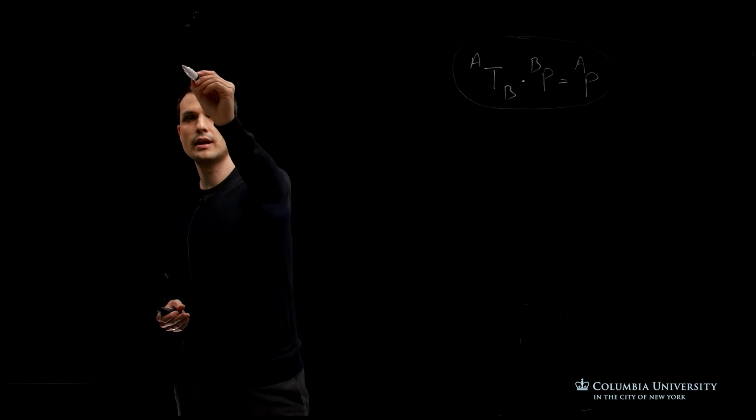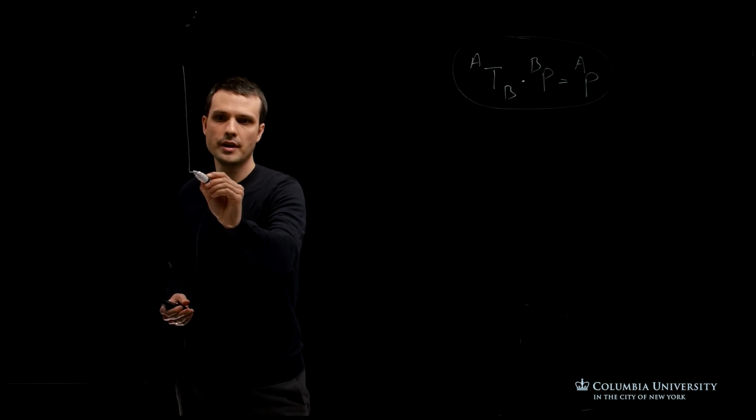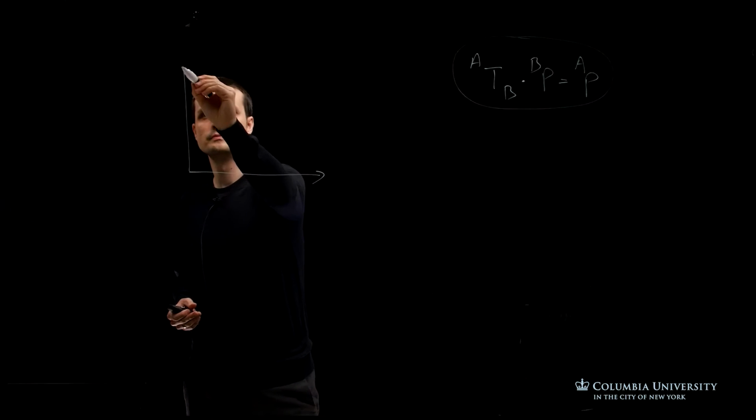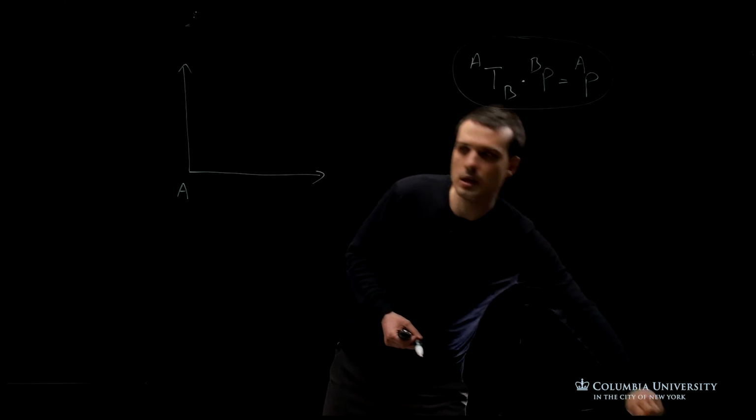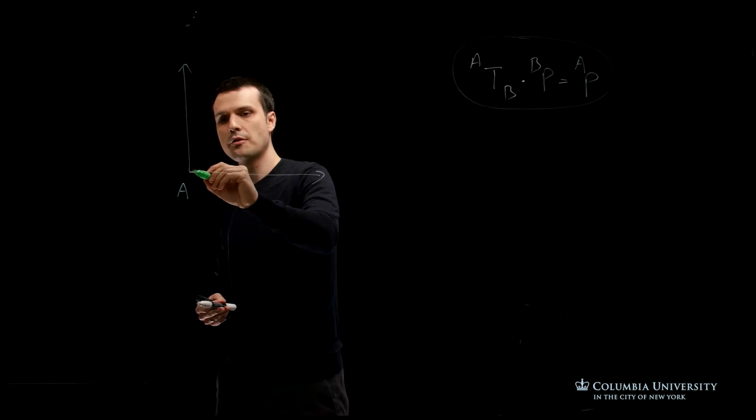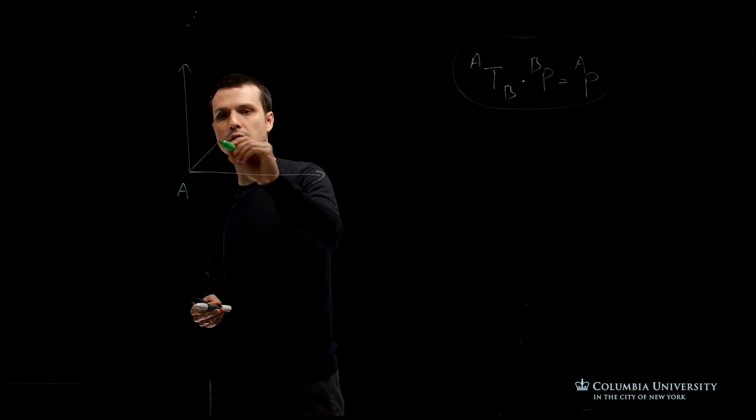So let's say we have our coordinate frame A, and B is the same as A, but rotated by 45 degrees.